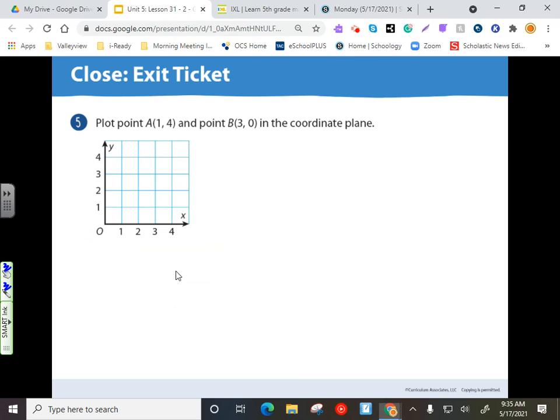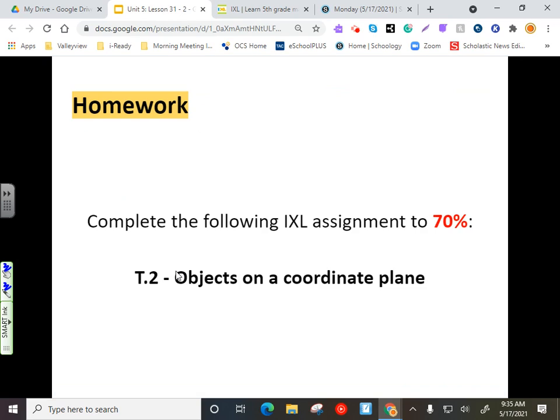Let's look at your homework for today. Complete the IXL assignment to 70%. Again, get the bronze medal, and that's a good place to leave off. Go to T2, Objects on a Coordinate Plane. Let me show you really quick here.